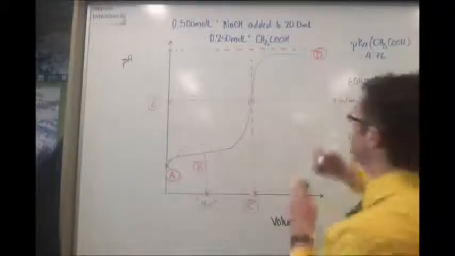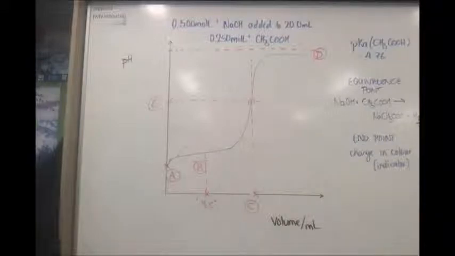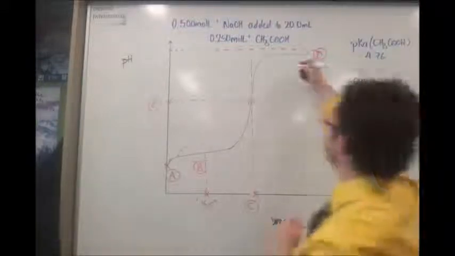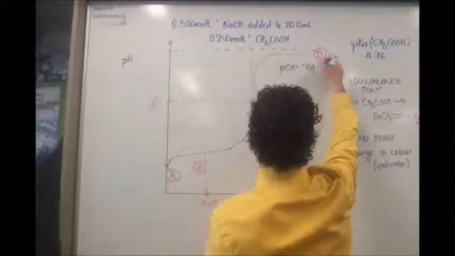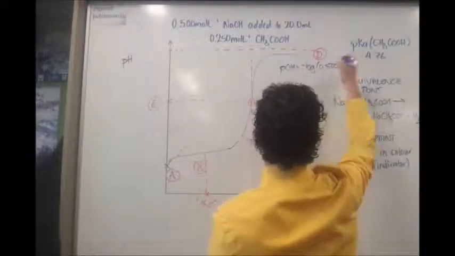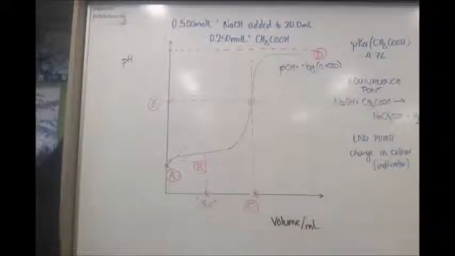So I'm going to go, oops, sorry, change the colour there, that the pOH of this base is the negative log of 0.500. Alright, so negative log 0.500 is 0.301.